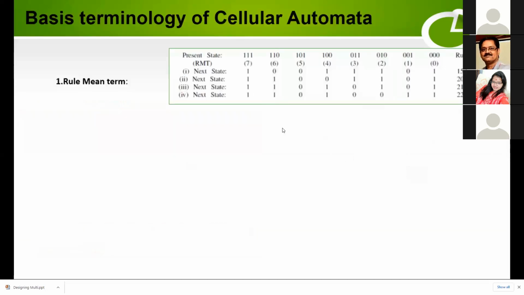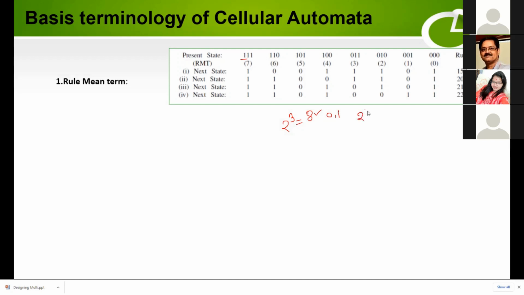Now, as I said earlier, we have two states, 0 and 1, and we are considering three neighborhoods. So the possible number of local states will be 8, and these 8 values are called RMTs. And these 8 RMTs can each be filled by 0 or 1.